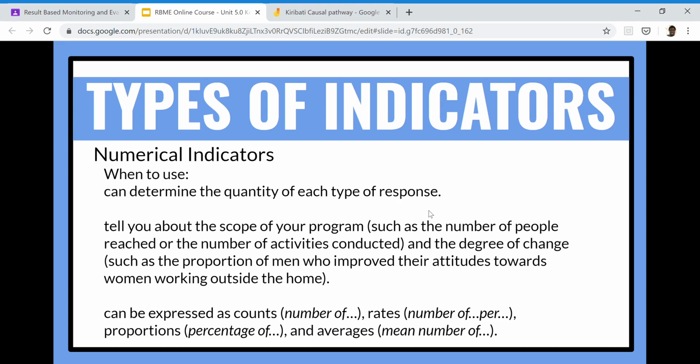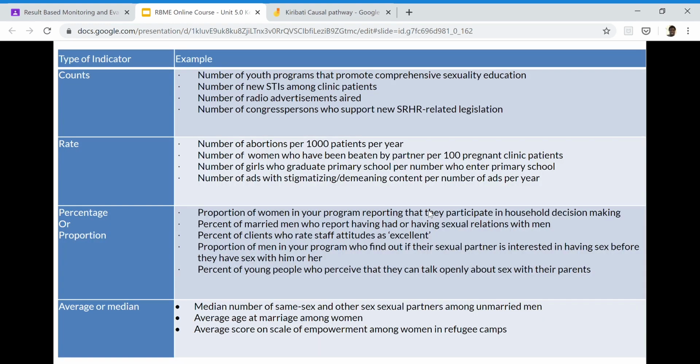Think about mortality rates, infant mortality rates, maternal mortality rates, number of trainings, percentage literacy, average income of a household. These are all numerical because they occur in numbers. We have types of indicators already here that you can take a look at: counts, rates, percentage, average, or median.